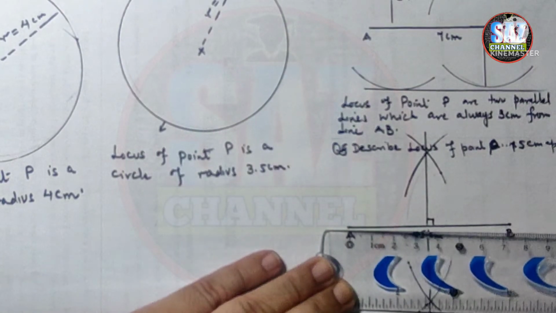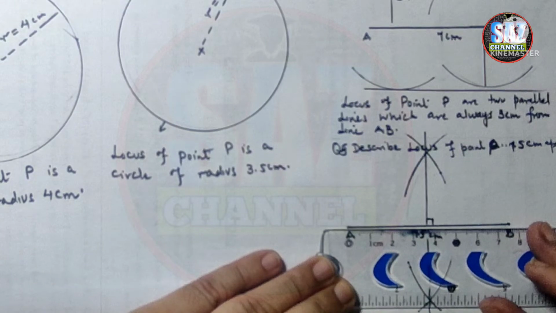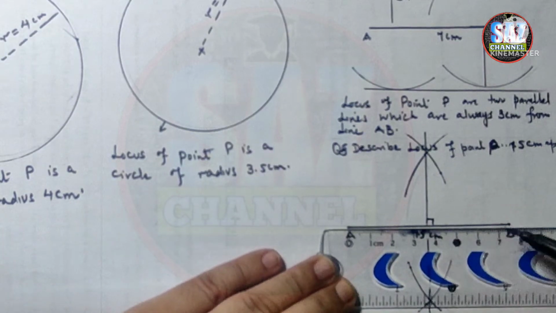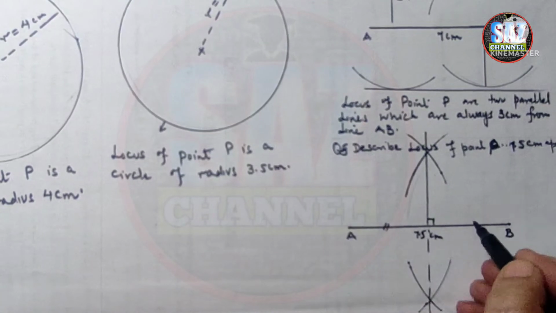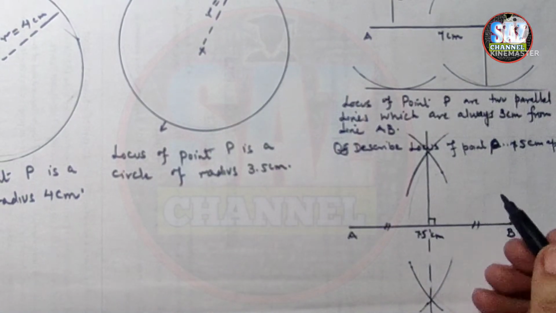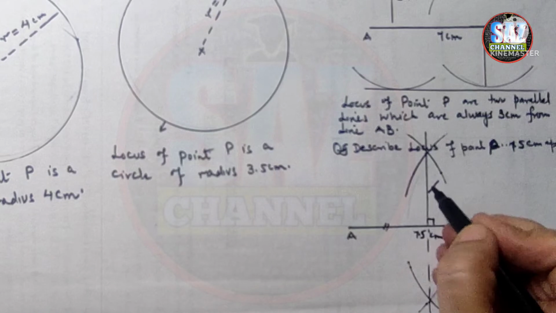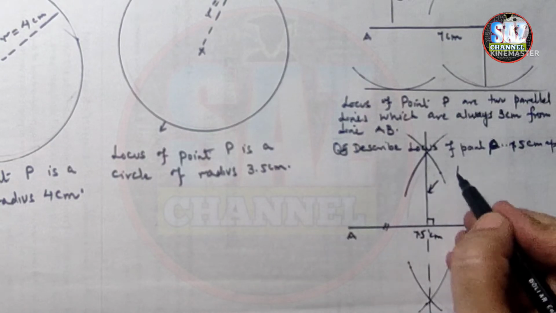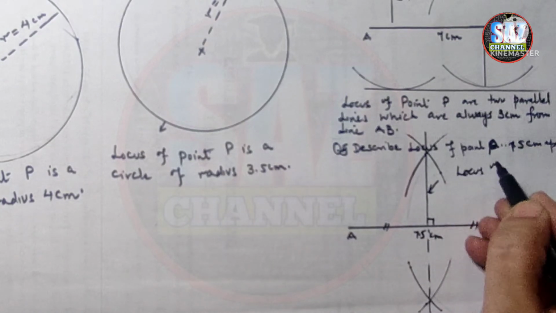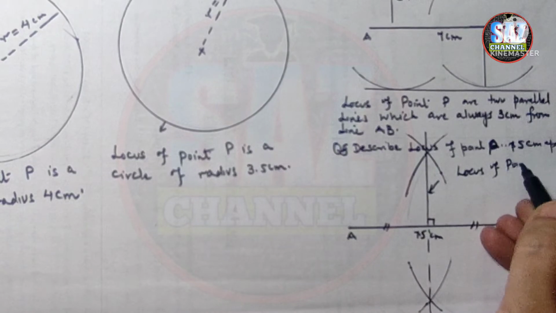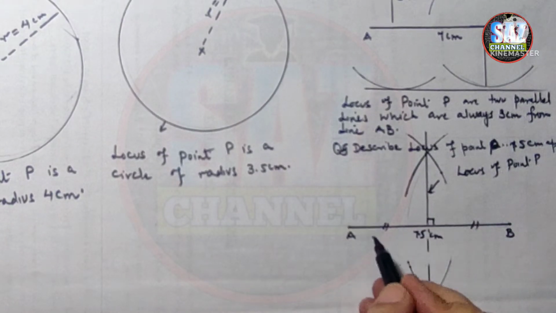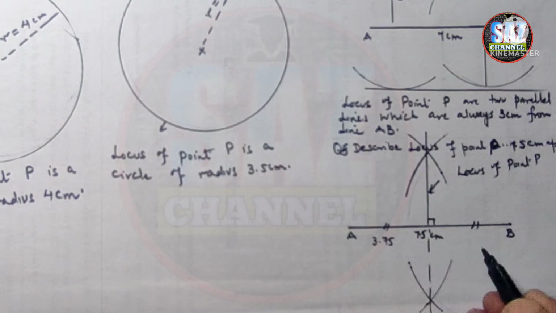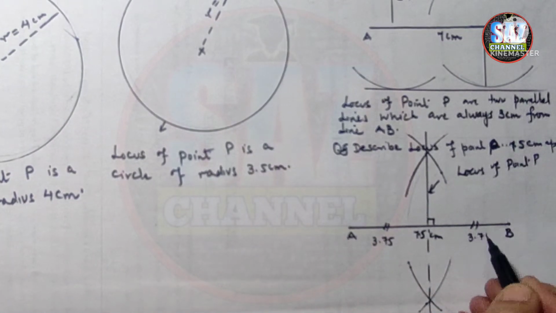So, this is around 3.75 on this side and 3.75 on the other side, and these two parts are equal. And the description: this is the position for the locus of that point P, and it is a perpendicular bisector.